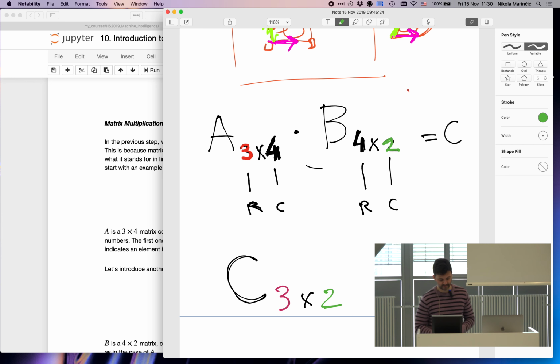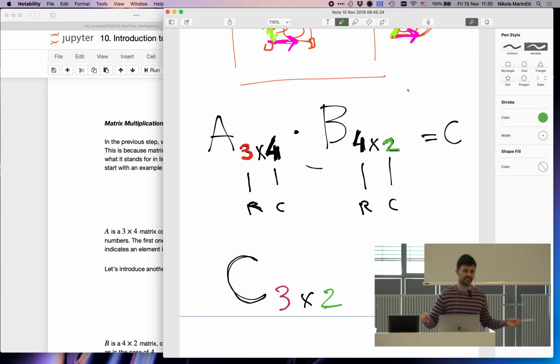Okay, so C will have 3 rows and 2 columns. Simple, no? So this is what you need to know exactly.